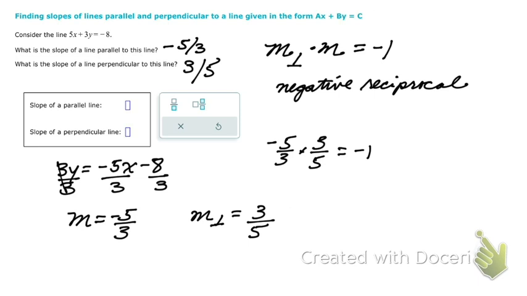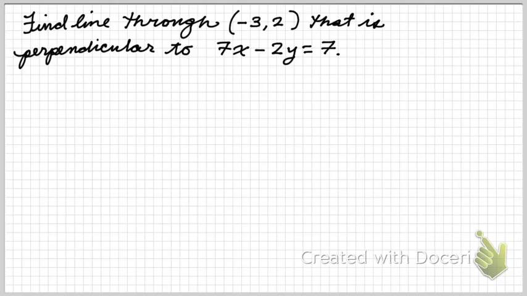So simple enough. A parallel or perpendicular type of question that we'd be asked once we have this concept down is to find a line through a particular point that is perpendicular to some other line. So I'm going to begin by finding the slope of the line that I'm given.